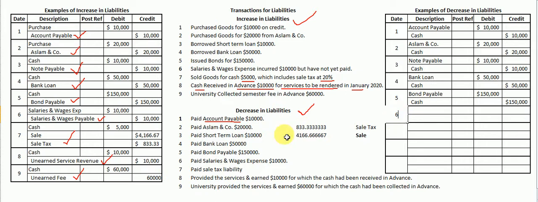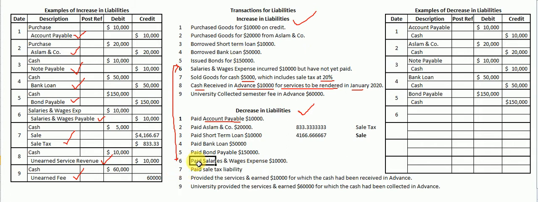Okay. Number 6, we have paid salaries and wages expenses, $10,000. Just pay attention. I have mentioned paid salaries and wages expenses in relation to this transaction. I assume we have already recorded the salaries, so let me change this.